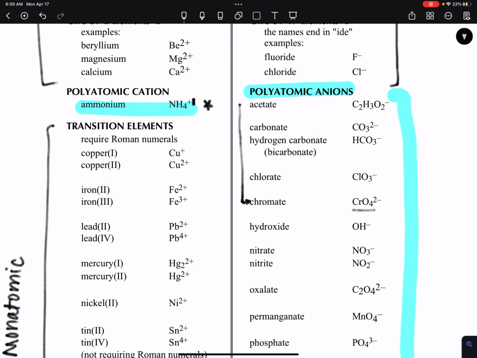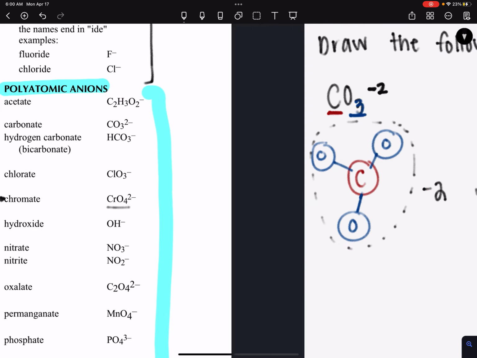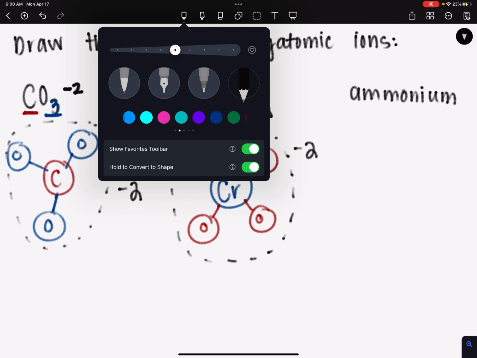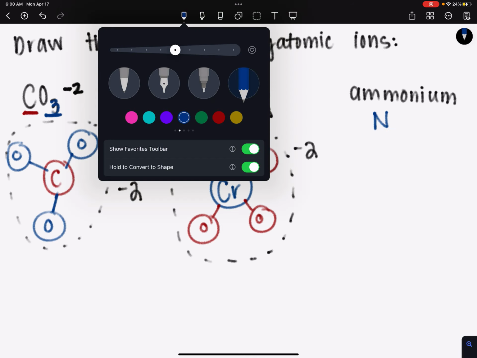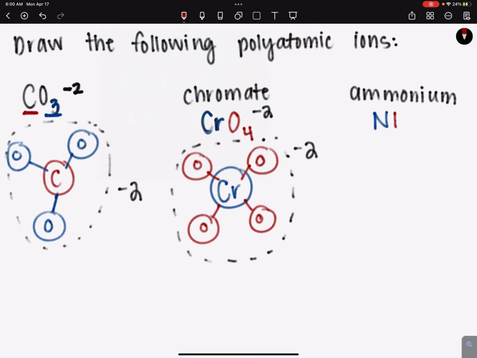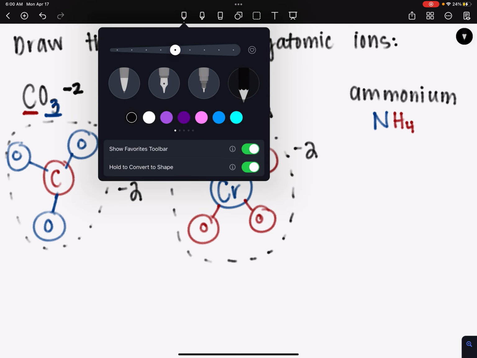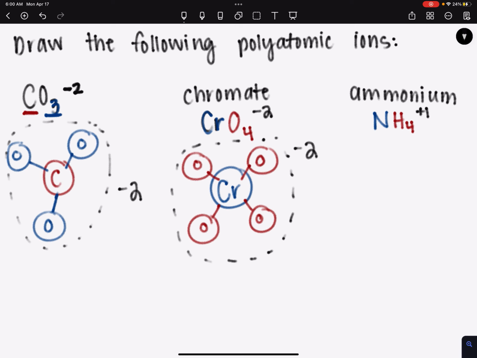When you looked for ammonium on your list, hopefully you found that it was the one positive polyatomic ion. That would have made your search very short. Ammonium's formula is NH4 with a positive 1 charge. So there's 1 nitrogen and 4 hydrogens in the molecule, and it has a +1 charge overall.